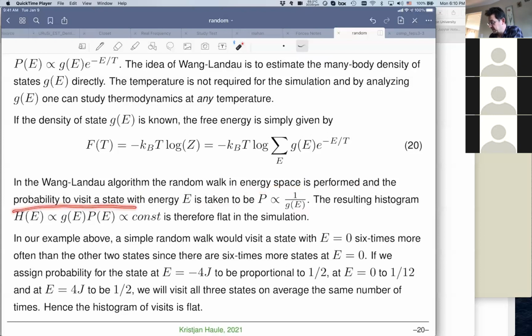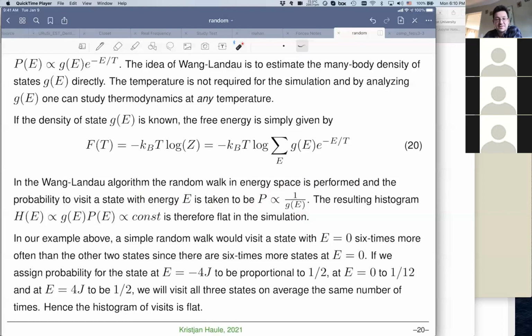So the probability to visit a state is then set, so that's the idea, to accept a step with probability 1 over the number of many-body states. But we don't know the number of many-body states yet, do we? Well, if we don't know something, then we can do it self-consistently. So we first guess some number of many-body states. We do the random walk.